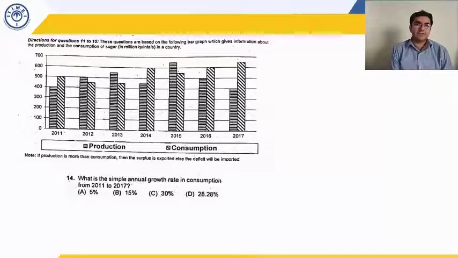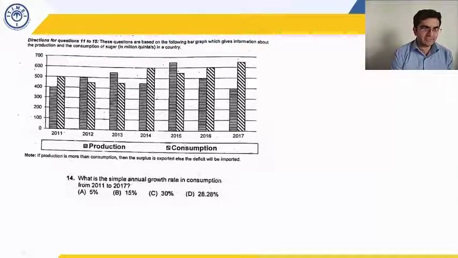Okay, let's solve. 2011 to 17, consumption goes from 500 to 650. So what is the growth? 150 units. And what is the base? 150 is an increment with what base? That is 500.